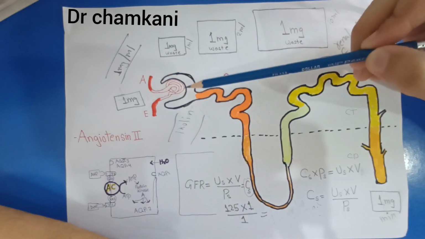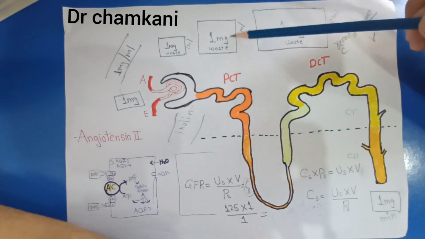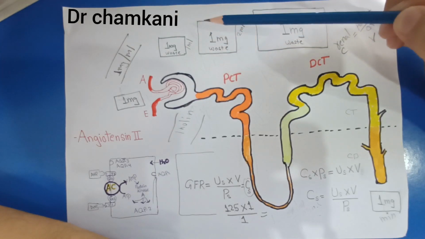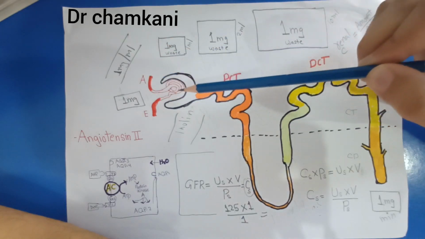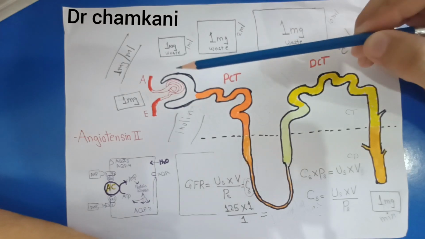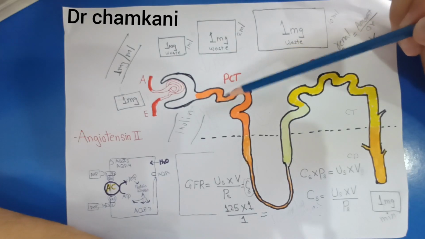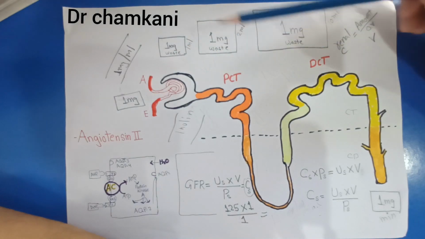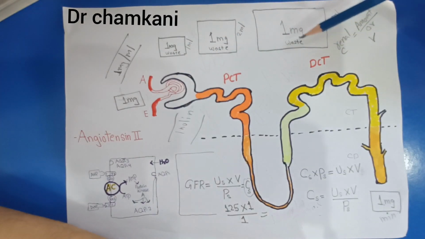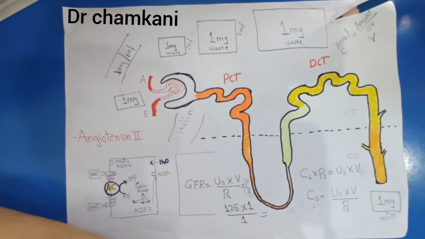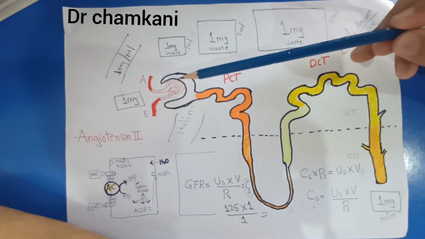But if there is some defect in the nephrons, then the same 1 milligram of waste will be removed only when 2 ml of plasma passes through the nephrons, because the filtration, tubular reabsorption, or tubular secretion process is not very effective. But if the kidneys are very much damaged, then the same 1 milligram of waste material will be cleared from the plasma only when 10 ml of plasma passes through the kidneys.